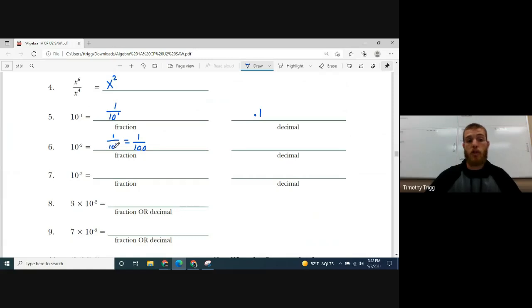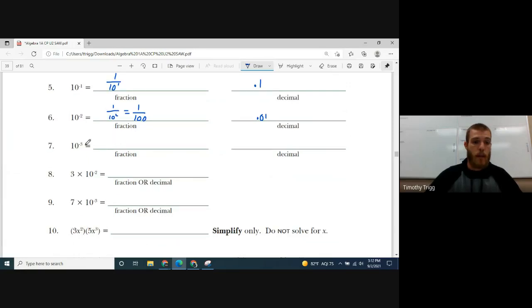Because 10 to the power of 2 is 100. So that's 0.01 as a decimal. This one as a fraction is 1 over 10 to the positive 3, which is the same as saying 1 over 1,000. As a decimal, that's 0.001, 1/1000.